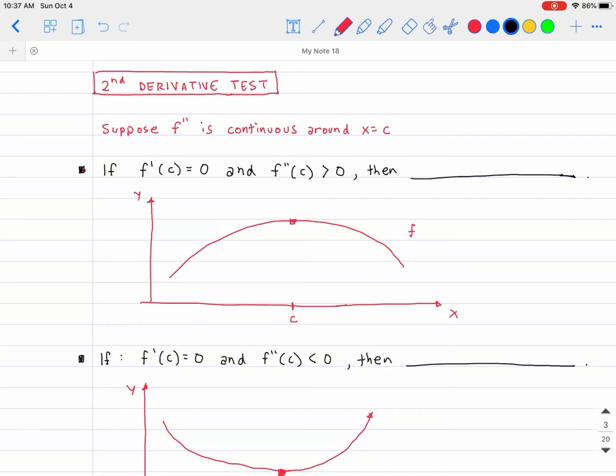Here is a graph underneath that is showing that situation. First, we have f prime of c is equal to 0. So that means that we have a critical point over here, where you're going to have either a local maximum or local minimum. In this case, you'll notice that the concavity is going to be concave down.